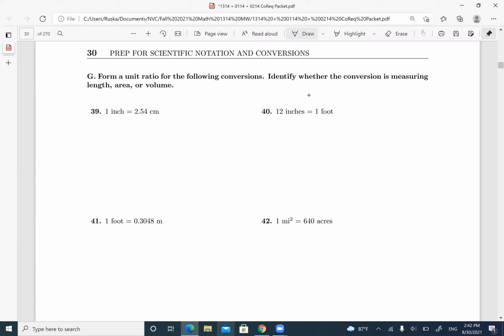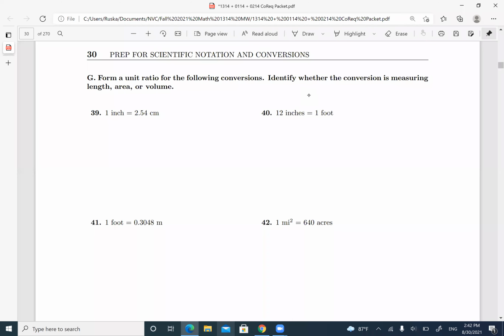The unit ratio is, technically, something over 1. So I'm going to put a number over 1. That's the unit ratio.